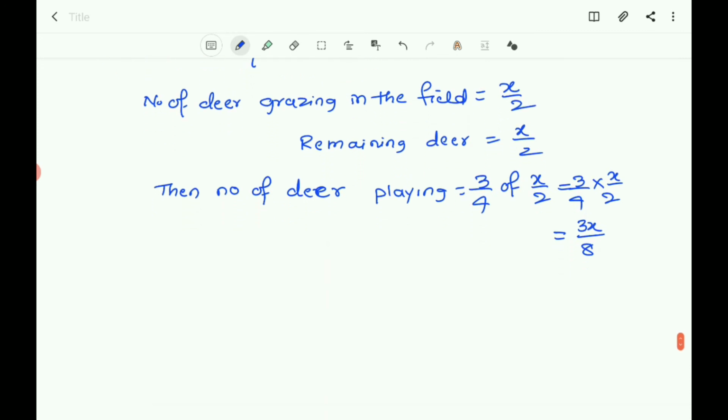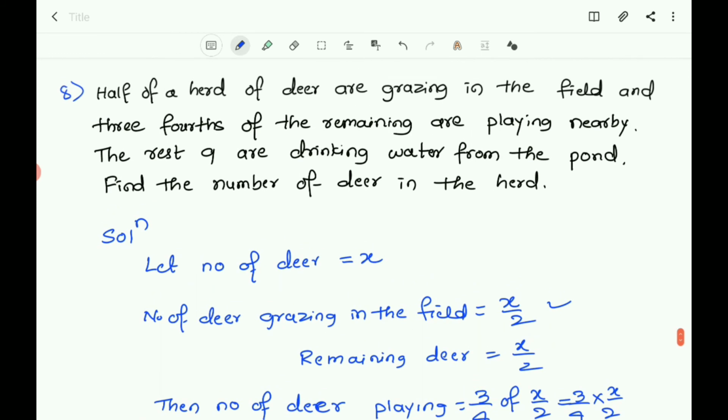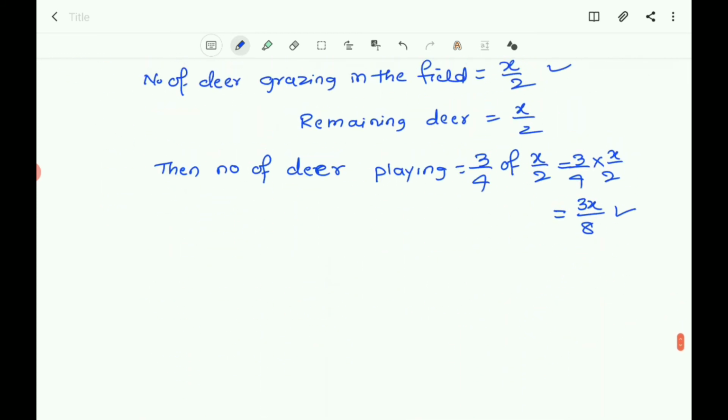So the rest means, totally there are x deer, x by 2 are grazing, 3x by 8 are playing, and the remaining 9 are drinking water.